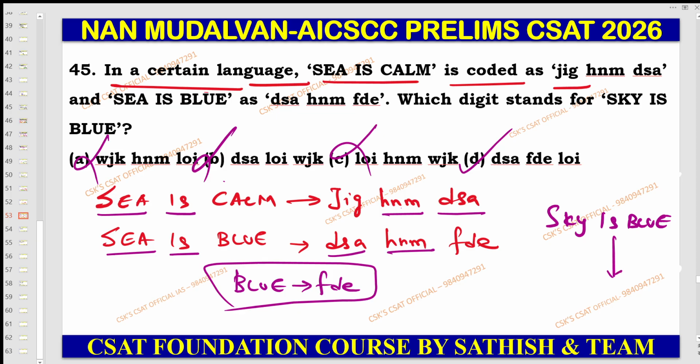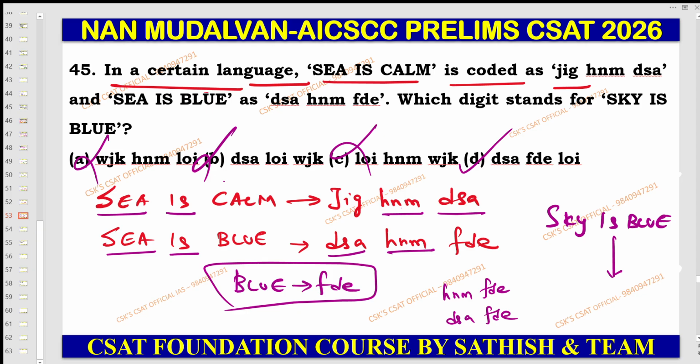By comparing these two, you have HNM and DSA. Now checking HNM FDE and DSA FDE, is anything present in the option? HNM FDE is not present in the option. DSA FDE is present in the option.